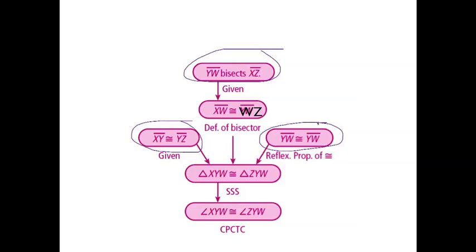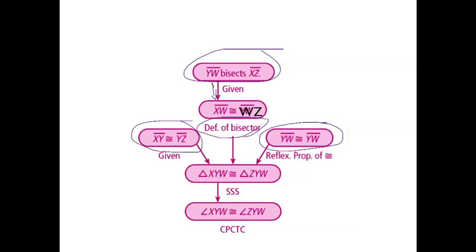And then we let that flow into whatever it is we're trying to prove. So the fact that YW bisected XZ, we'll start there. I'm going to go down, and that implies that XW is congruent to WZ. That was the definition of a bisector.